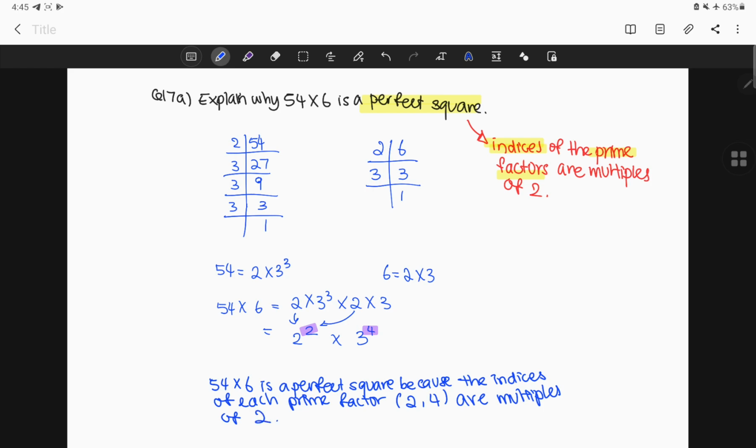There you go. Therefore, 54 multiplied by 6 is a perfect square.